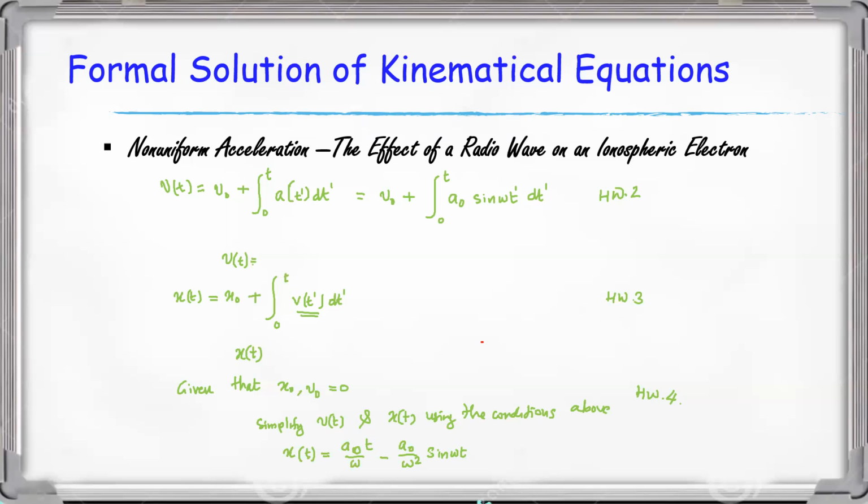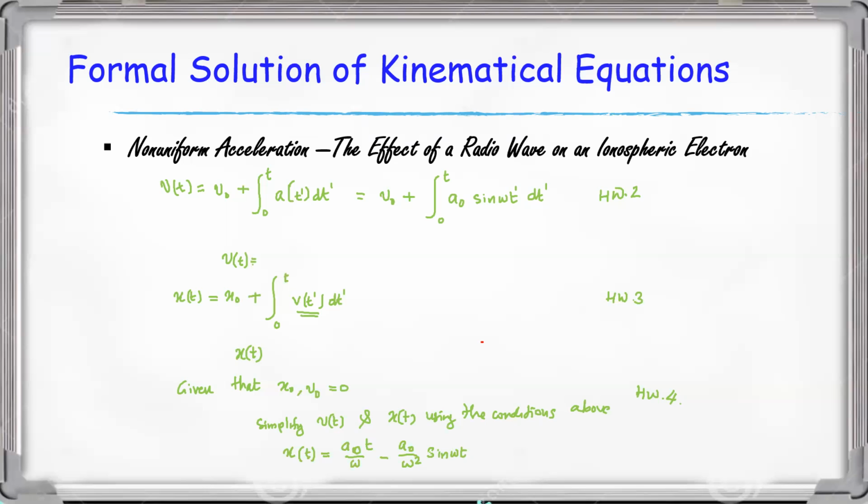We know that the sine term is a varying one. So the second term corresponds to an oscillating term, which gives rise to a jiggling motion.